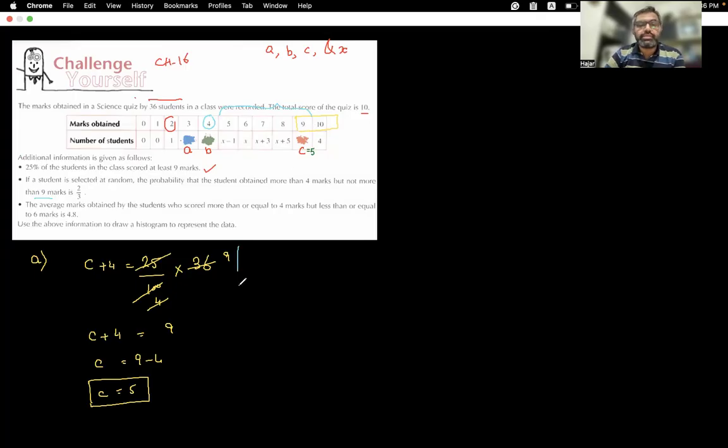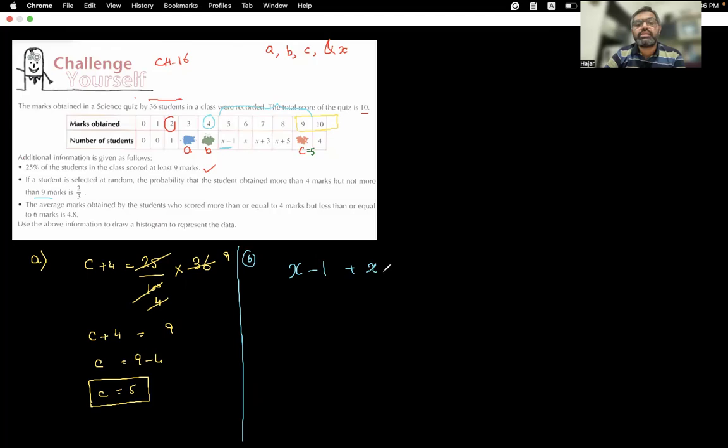Let's see how many students we have got. For 5 marks, the number of students is x minus 1. Let's add all these students to get a subtotal. How many students got 6 marks? It's x.